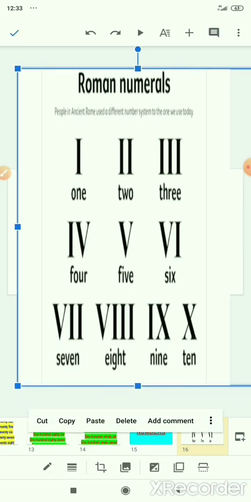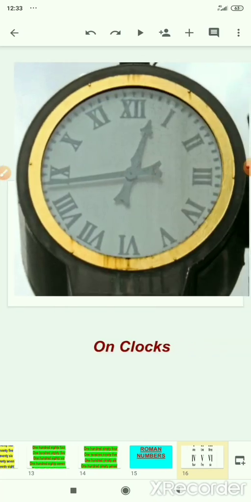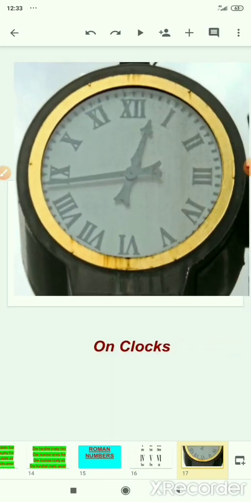So you can understand that we see them in real life around us, like on the statue, on the buildings, on the clocks. And one more thing, it is our first numbering system. Earlier people used these numbers as a part of a larger study in maths.